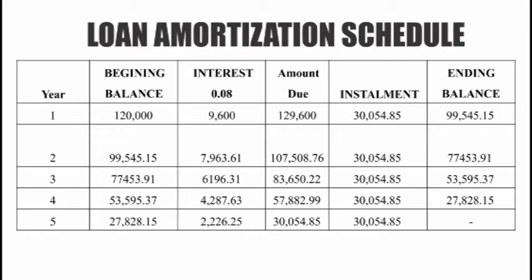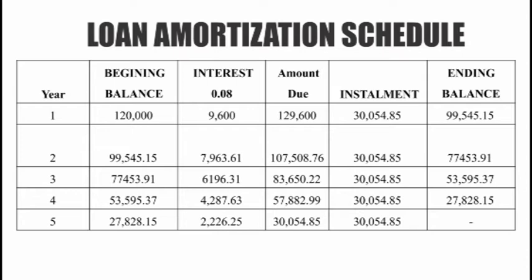You deduct the installment payment from that amount, which is the amount due. You get the ending balance of 99,545.15 Ghana cedis.